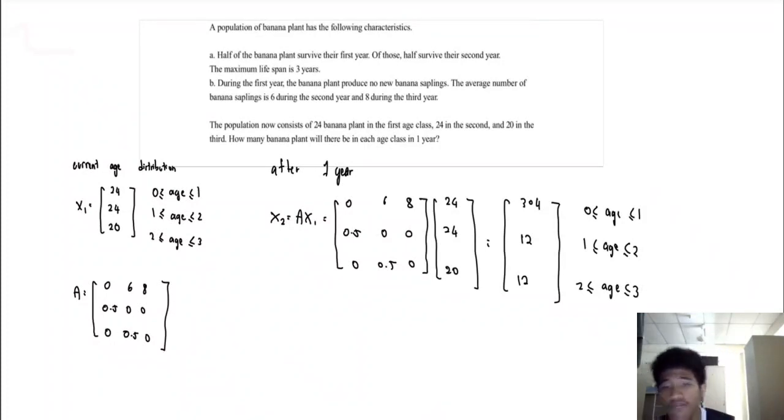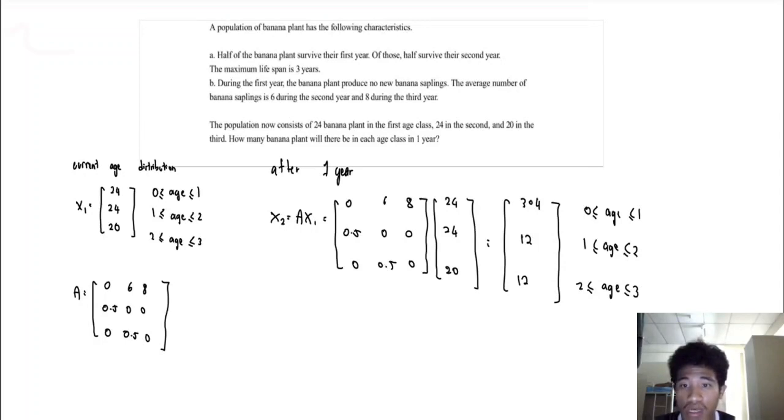Then we write x2 equals A times x1, which is the same matrix times 24, 24 and 20.